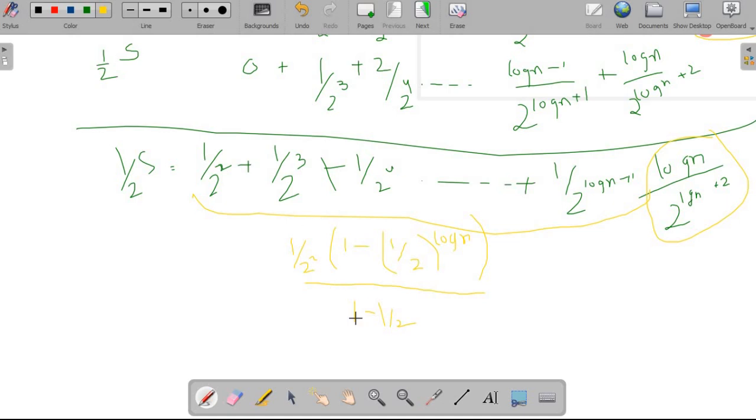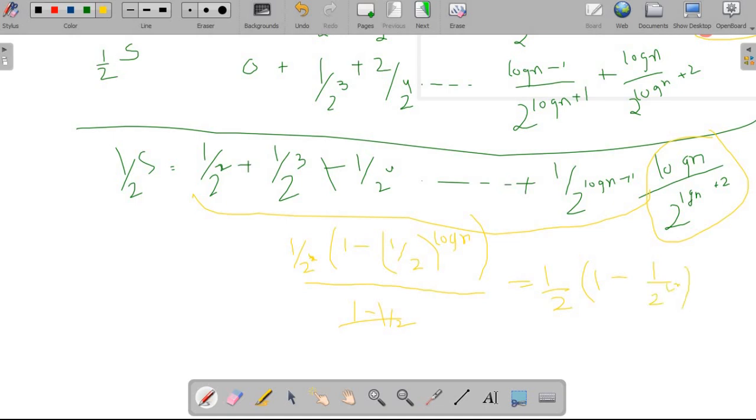So this 1 by 2 will cancel one of the 1 by 2's over here, and this can be written as half into 1 minus 1 upon 2 to the power log n.